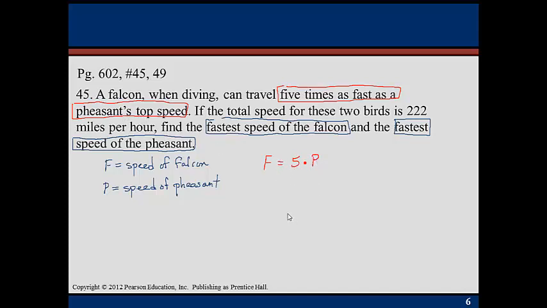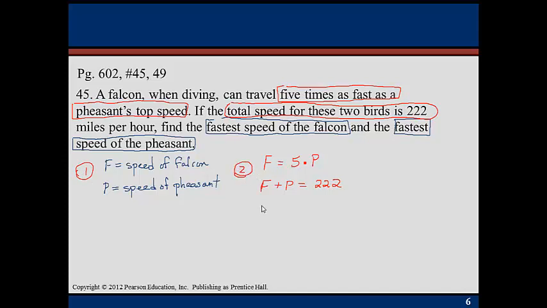So that's our first equation. Then the second sentence says, if the total speed for these two birds is 222 miles per hour, so when we think about total, we think about adding. So that means we can take f plus p, and now equal 222 miles per hour. So now we have our equations.